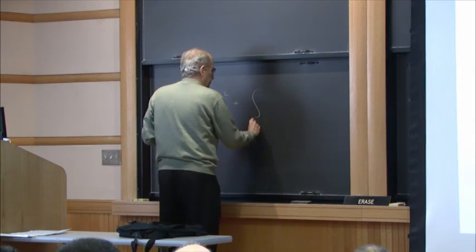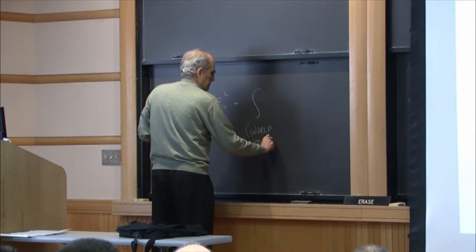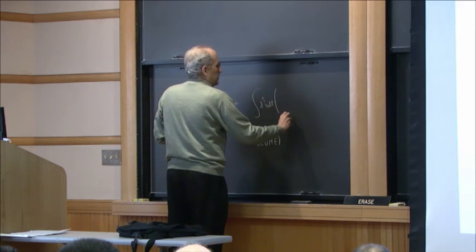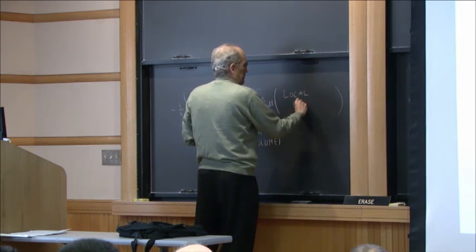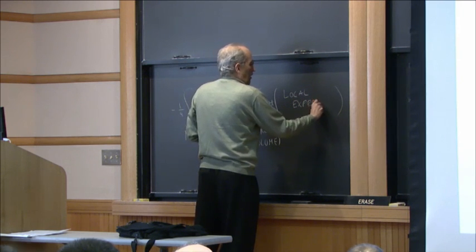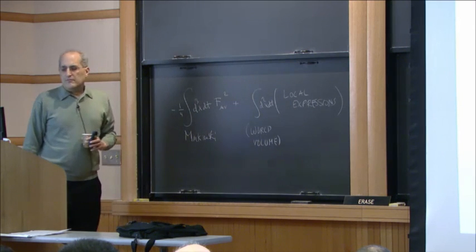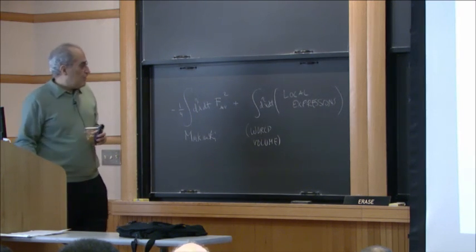But then there's some kind of an integral over the world volume of the material. Of what? Well, there are all kinds of local expressions. All we know in general is that the effective action is a gauge invariant local expression made from the connection. And there are all kinds of possible terms.